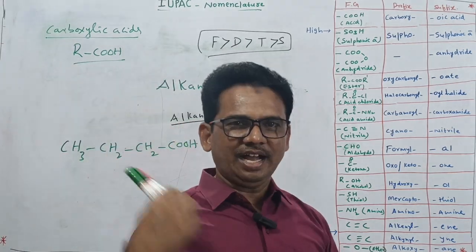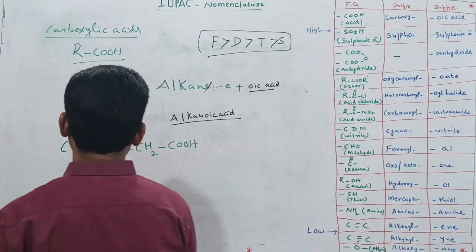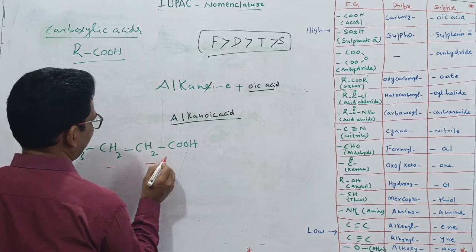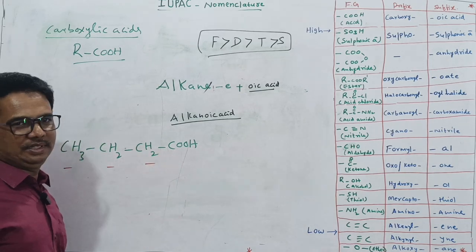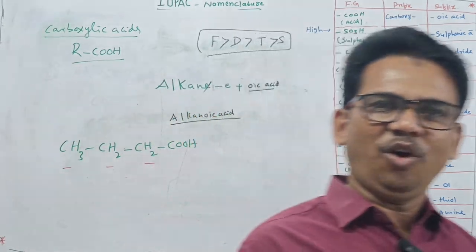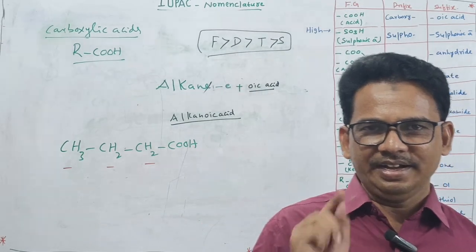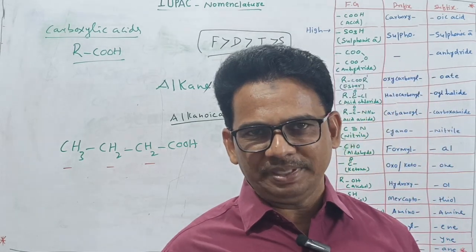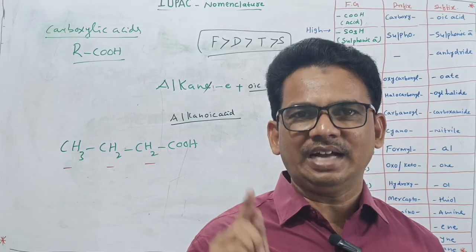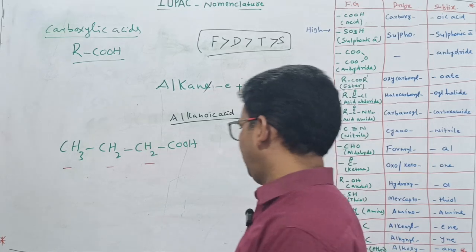Then I will give an example. In this case, how many carbons are there? Usually students only count these carbons, 1, 2, 3. They don't count this carbon. Whenever the functional group has a carbon, you have to count that carbon also.